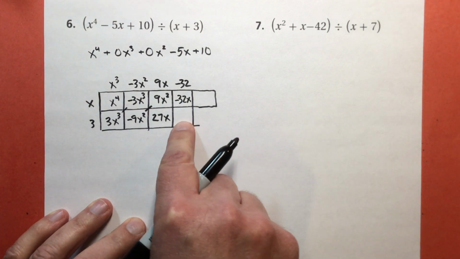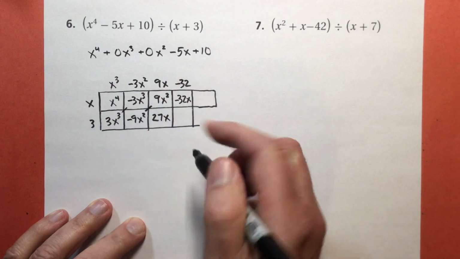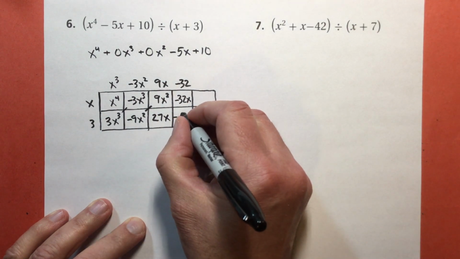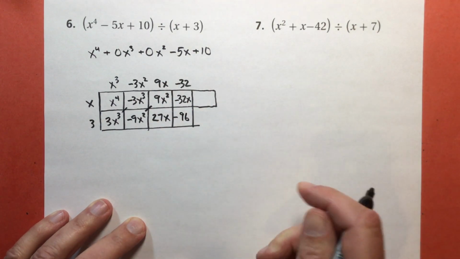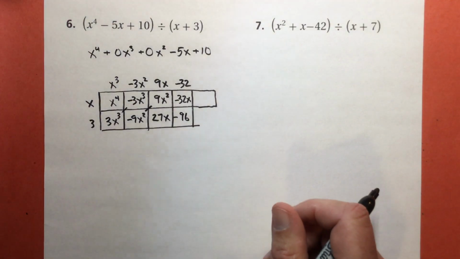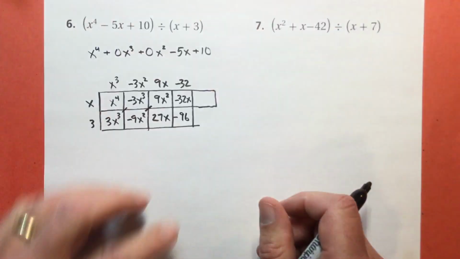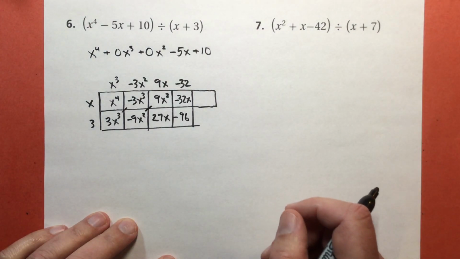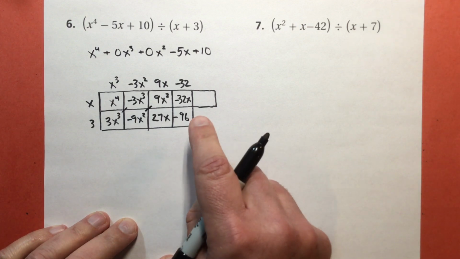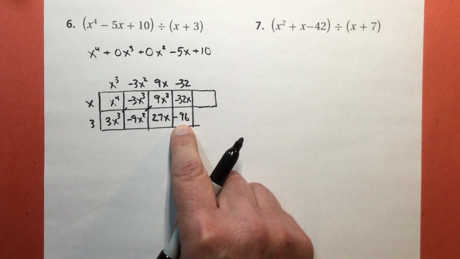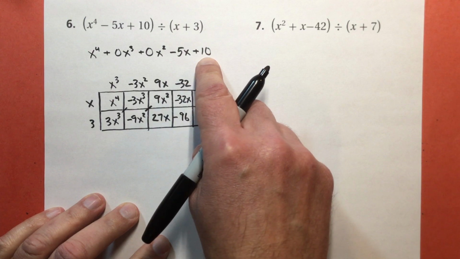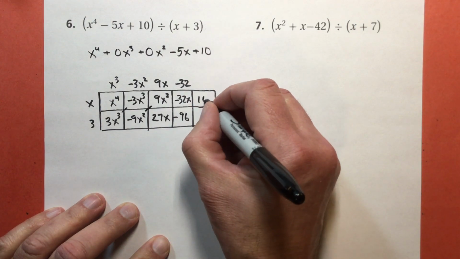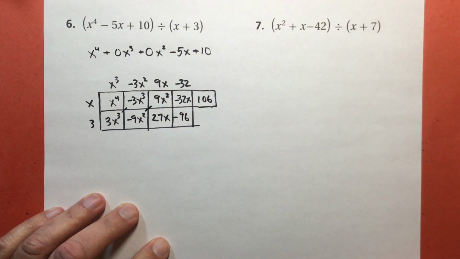What has to be in this box? 3 times negative 32 is negative 96. Get my paper ready to go. And what do I add to negative 96 that equals 10? That would be 106, which is my remainder.